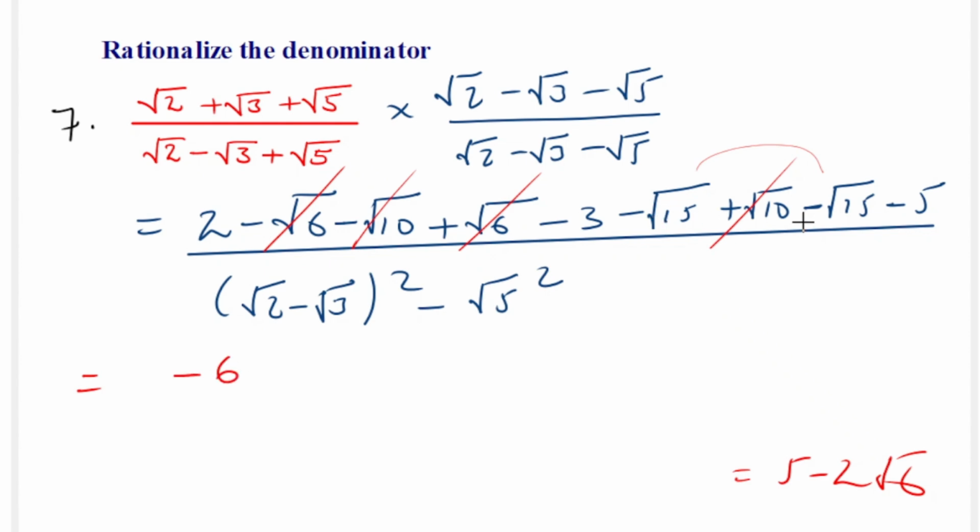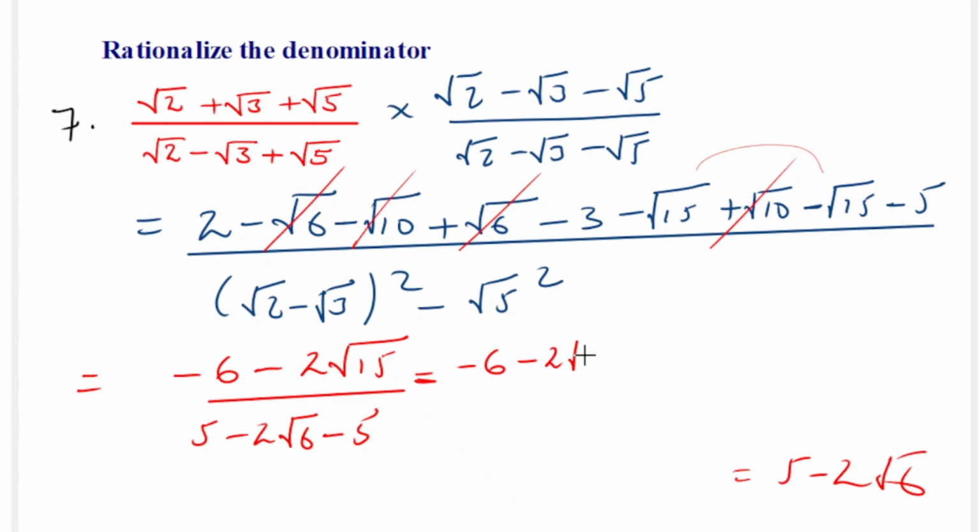Minus radical 15 minus radical 15 is minus 2 radical 15, over, in place of this we insert 5 minus 2 radical 6 minus 5, minus 6 minus 2 radical 15 over minus 2 radical 6. Here there is still a radical in the denominator.